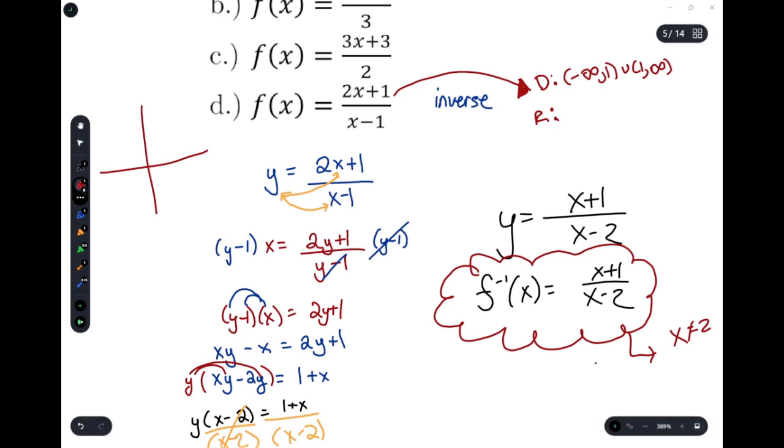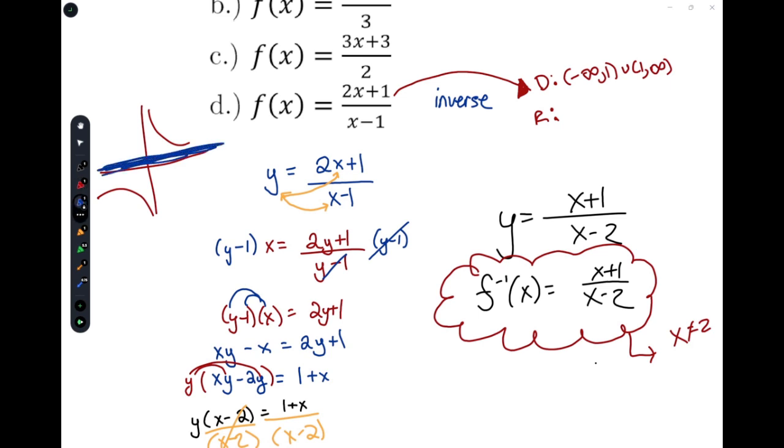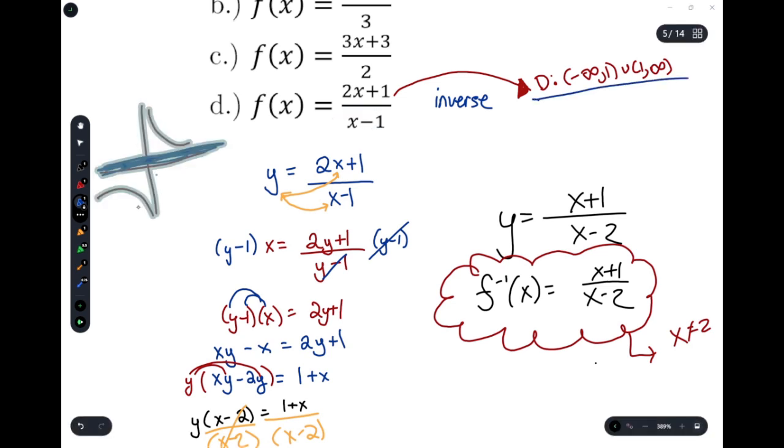So if the function looks something like that, there's only one bad number for the range. I don't know that you're responsible for the range of rational functions yet, though, since we haven't learned it. But definitely the domain you're responsible for.